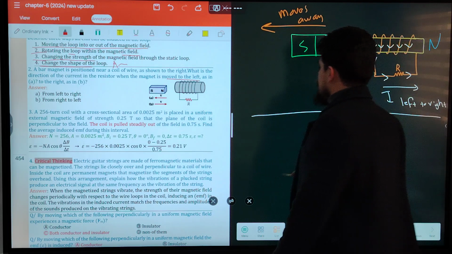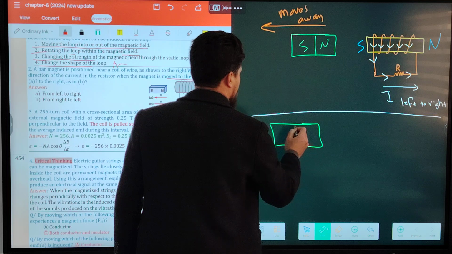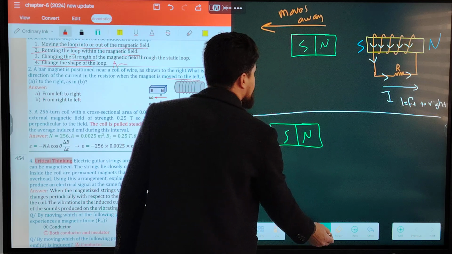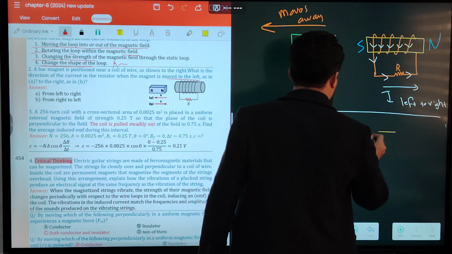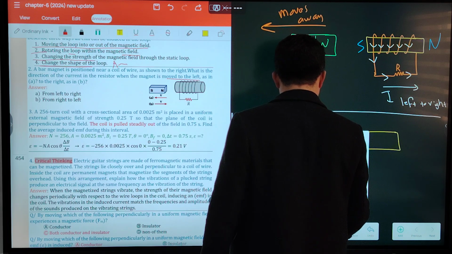In the second case, the same magnet, north-south, and a coil of wire wound with a wire.